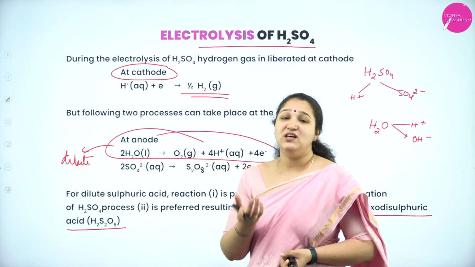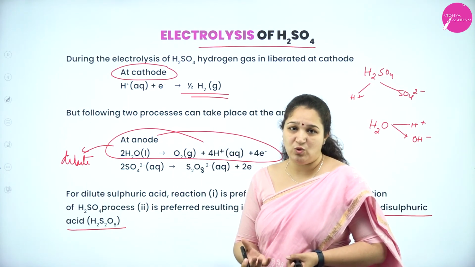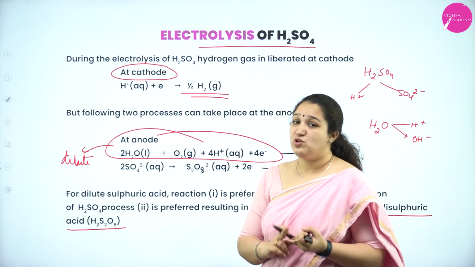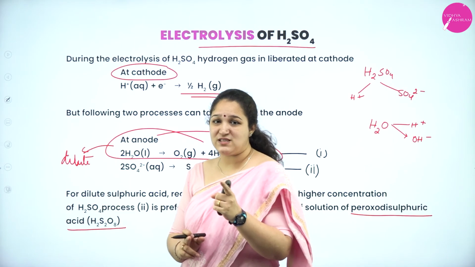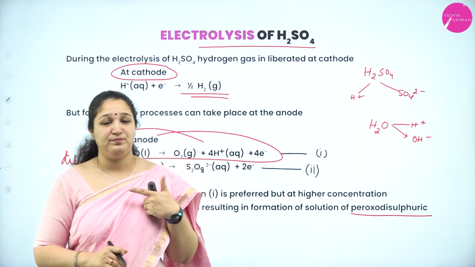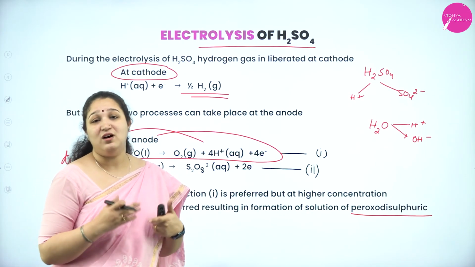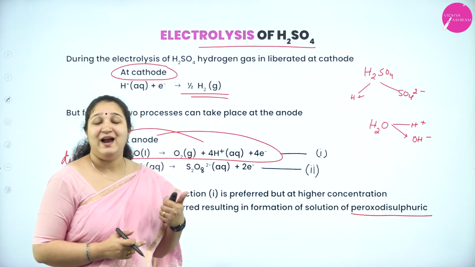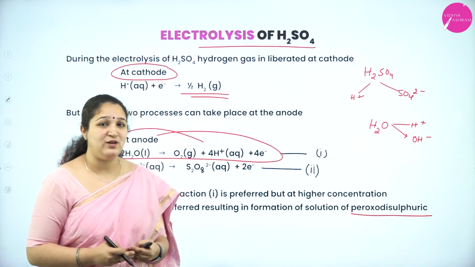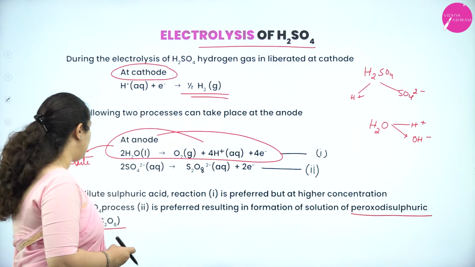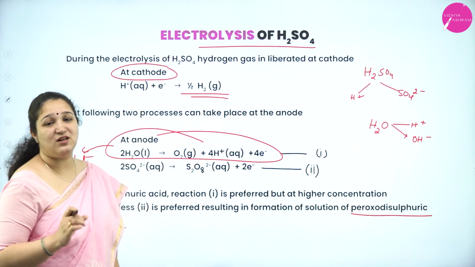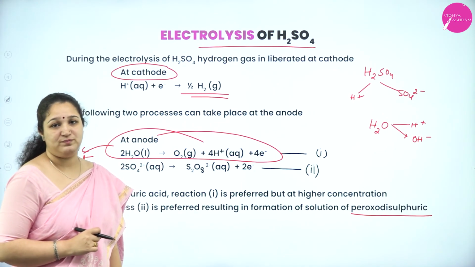So, change in the material which is undergoing electrolysis also changes the product. If you are using dilute sulfuric acid, at the cathode you will get hydrogen gas and at the anode oxygen gas. If you are electrolyzing concentrated sulfuric acid, at the cathode we will get hydrogen gas, but what is formed at the anode? You will get H2S2O8, that is, peroxodisulfuric acid will be formed.